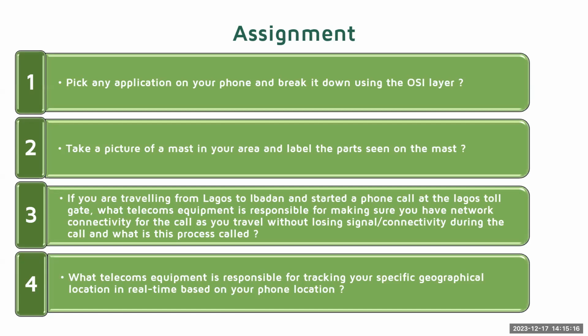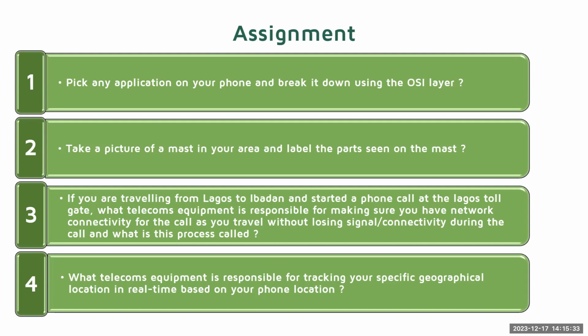So for question 4, we said what telecoms equipment is responsible for tracking your specific geographical location in real time based on your phone location. We mentioned that in the last class. We said the VLR, Visitors Location Register, is responsible for knowing where you are at every given point in time.